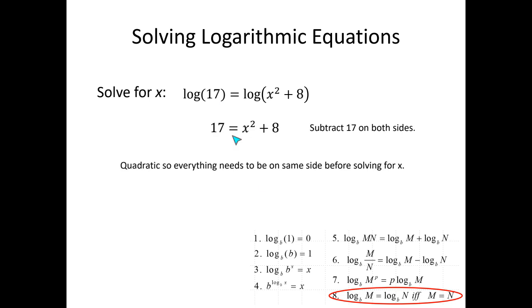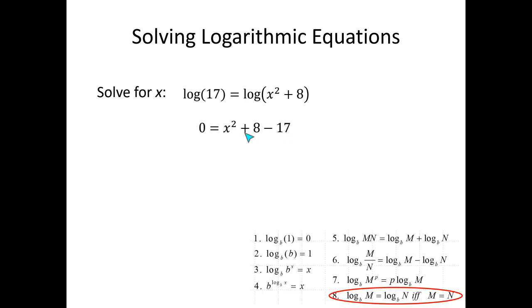So I get 17 is equal to x squared plus 8. It's quadratic, so I'm going to subtract 17 on both sides so that everything is on the same side. Okay, so then let's go simplify. So 8 minus 17 is negative 9. I can add 9 on both sides, take the square root.